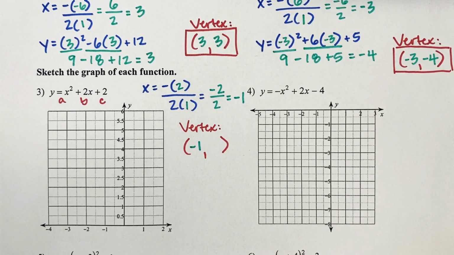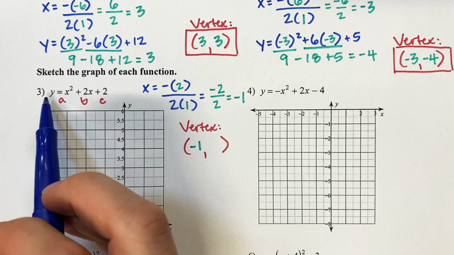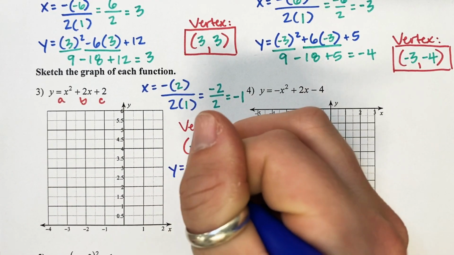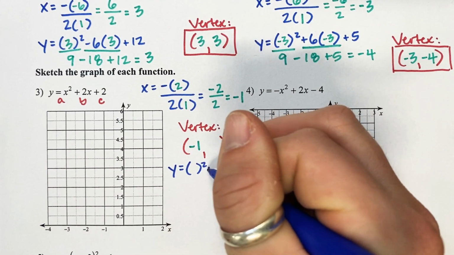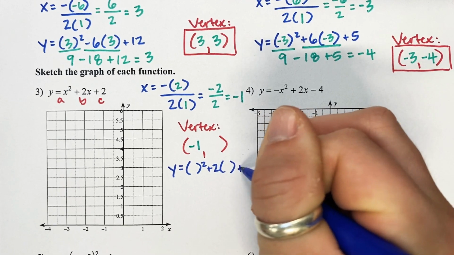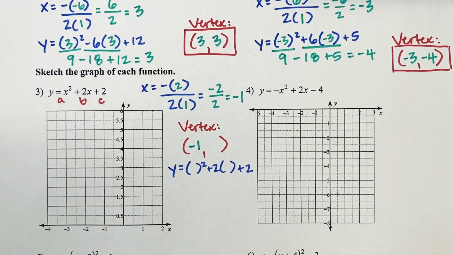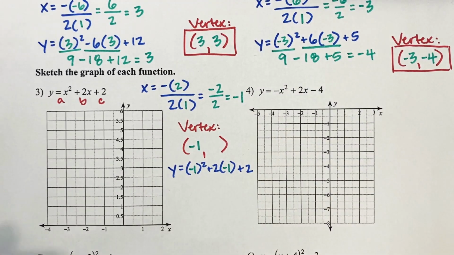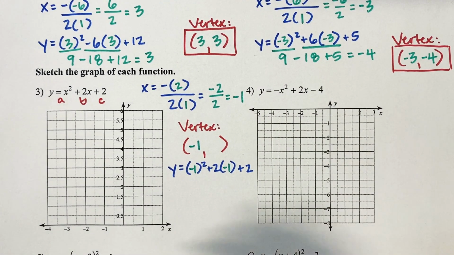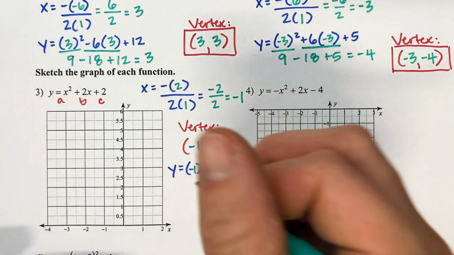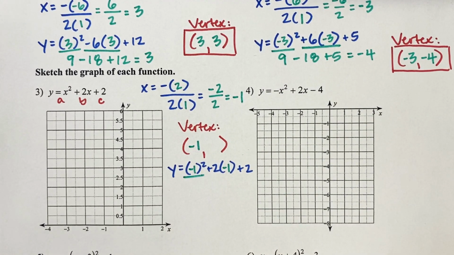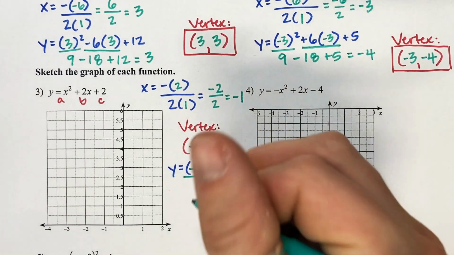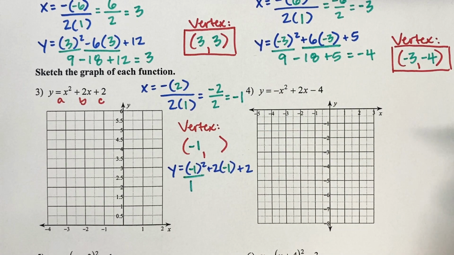Now we got to plug it in to find the y. So I have y equals x squared plus 2 times x plus 2. Everywhere I see that x, I'm going to plug in negative 1. Now let's solve this. What is negative 1 squared, or negative 1 times negative 1? It gives me positive 1.